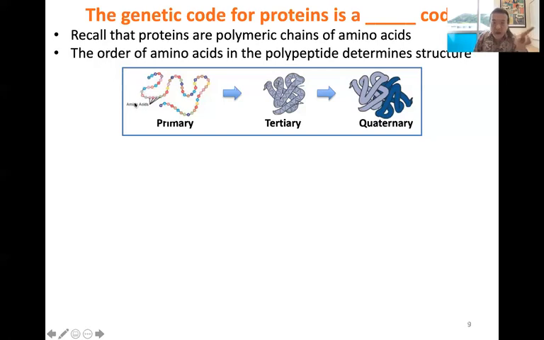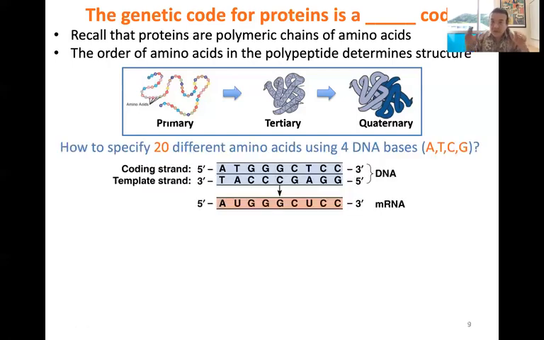But remember, if we go backwards a step, the amino acid sequence is the primary structure. So we have 20 different amino acids that are used in our bodies. Life on Earth evolved to use 20 amino acids, and those are the ones that you've been studying, the different R group side chains.